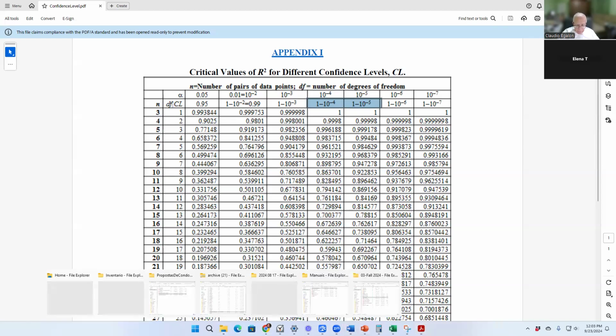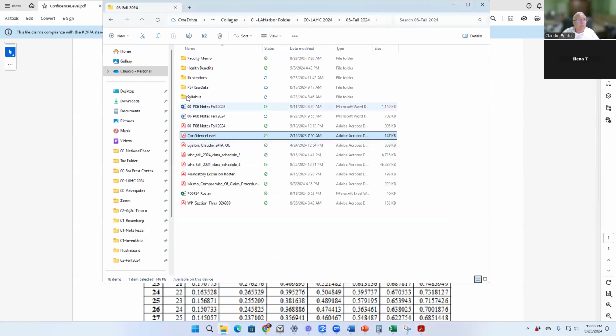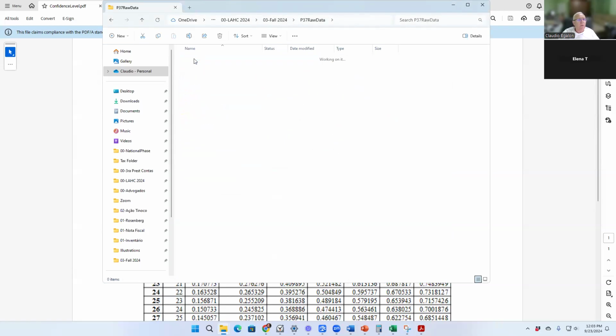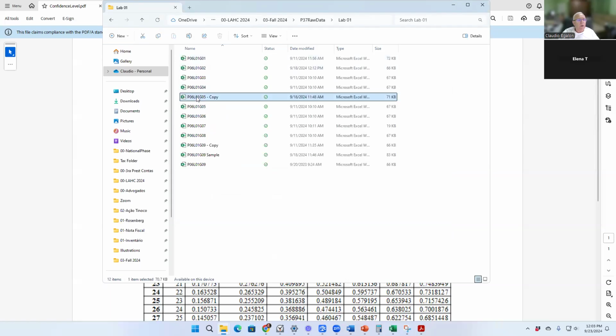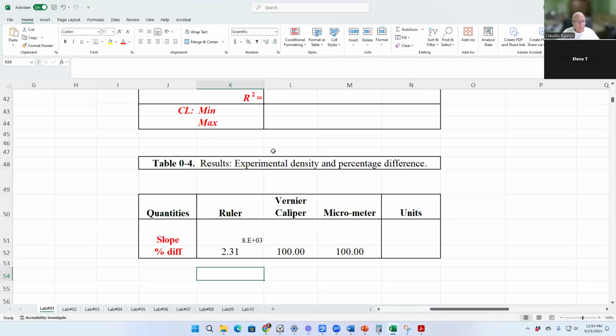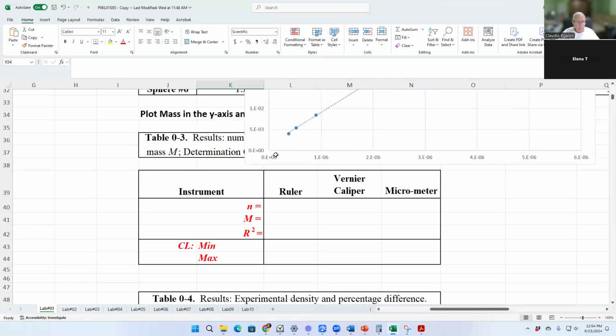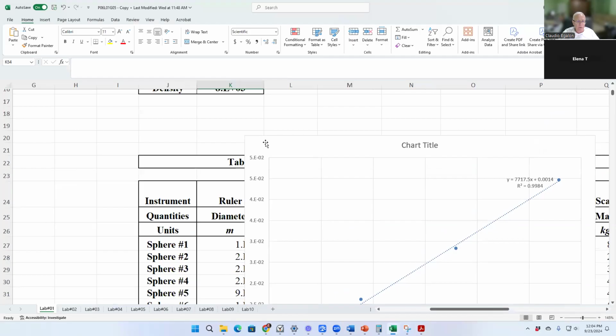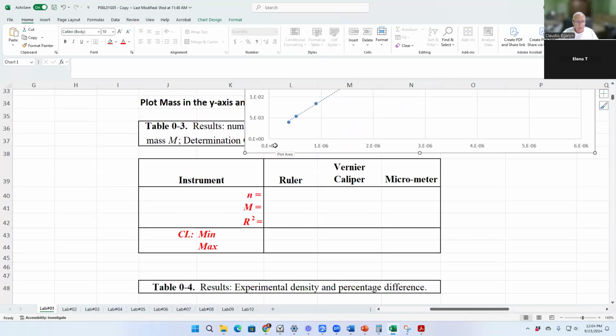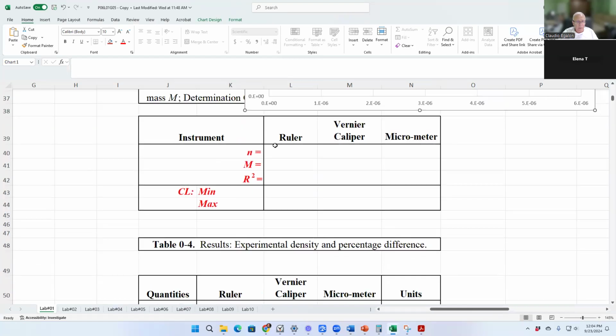Let's go to the spreadsheet of group number 5. Group number 5, right in here. Now, this value for R squared that you gave me is for which? For the ruler, for what? This one is for, hold on, sorry.